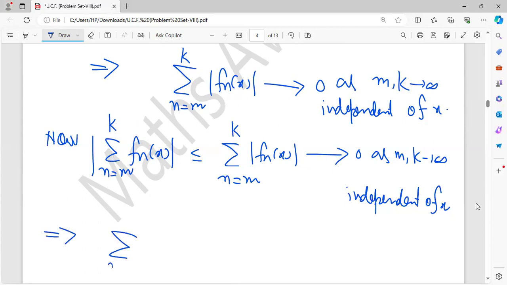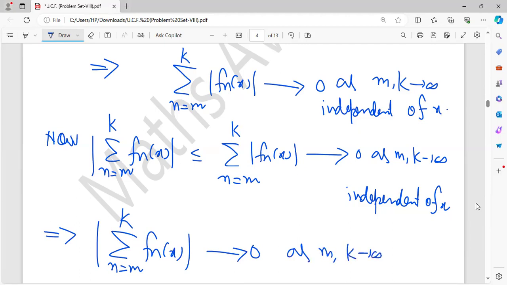It means the summation from m to k of |fn(x)| tends to 0 as m, k tend to infinity, independent of x.